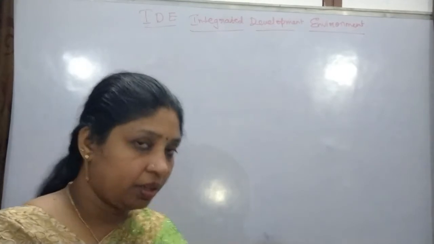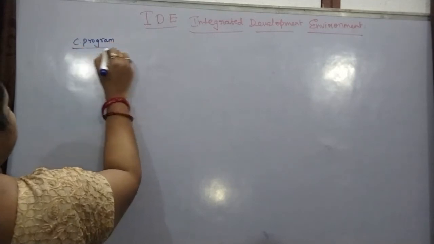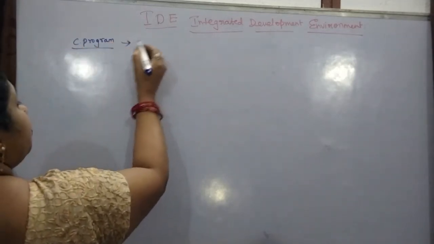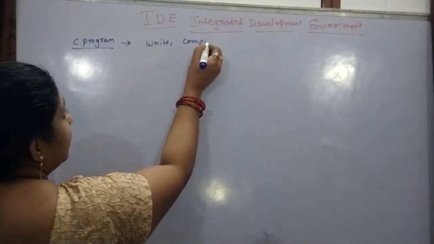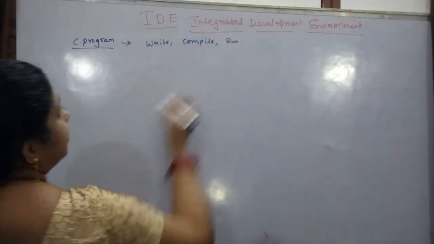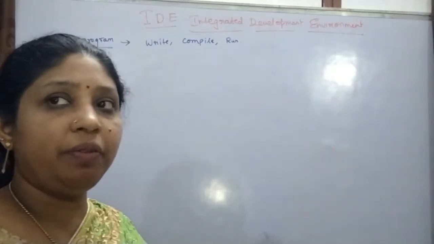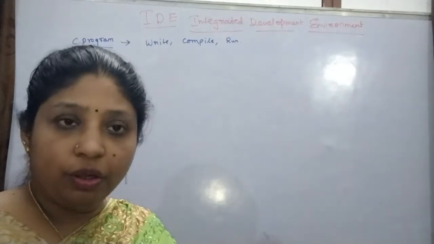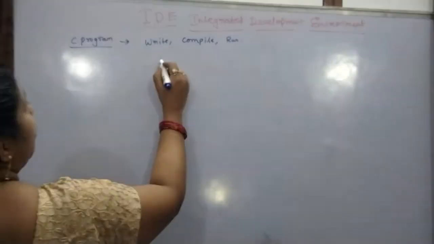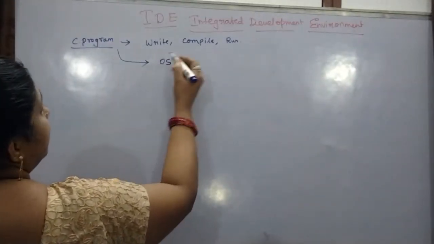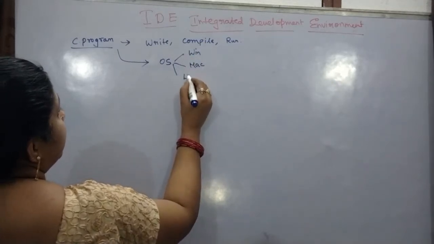So for our C programs, when you want to write a C program, what you will do is write, compile, and run. These are the things you do for a C program. I said you require one environment. If you don't have an environment, you can go with operating systems. C programs can be done in operating systems like Windows, Macintosh, Linux.